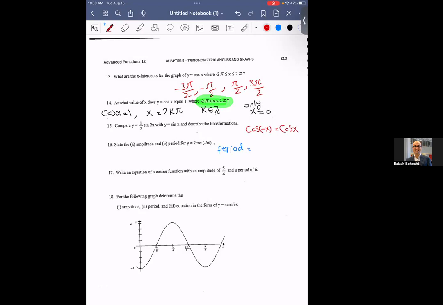So that means 2 times cosine of minus 6x equals 2 times cosine of 6x. Now, what is the period here? Two pi over 6, right? Which is pi over 3.